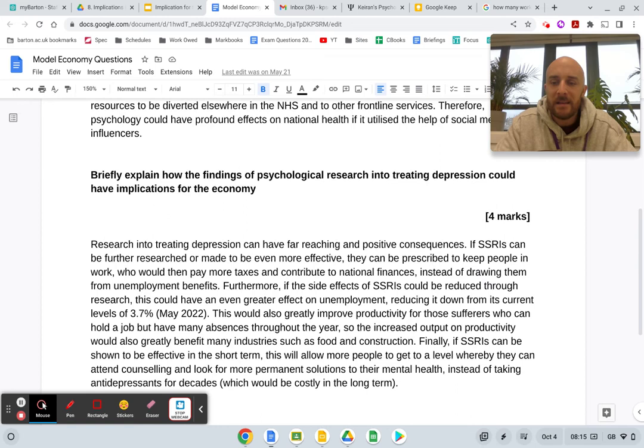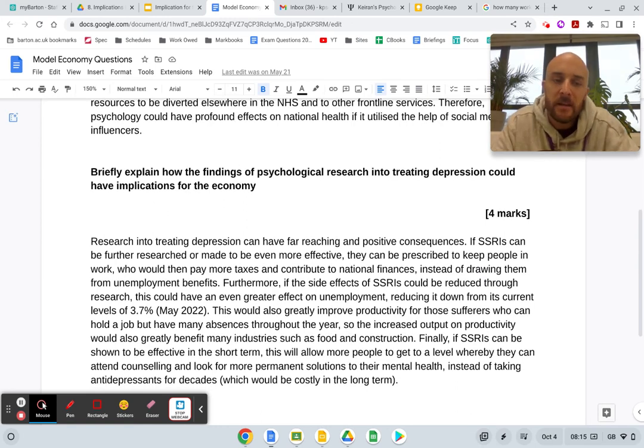This one here is a little bit easier. Briefly explain how the findings of research into treating depression, i.e. CBT, could have implications for the economy. You could do it with CBT, you could do it using SSRIs, you could do it using any treatment basically. Research into treating depression can have far-reaching and positive consequences.